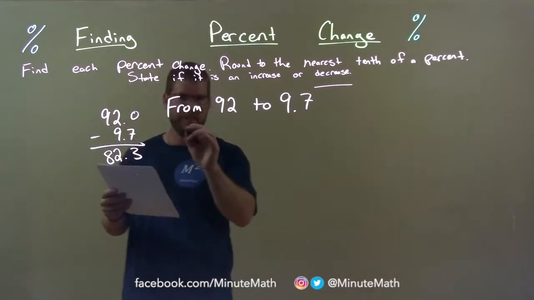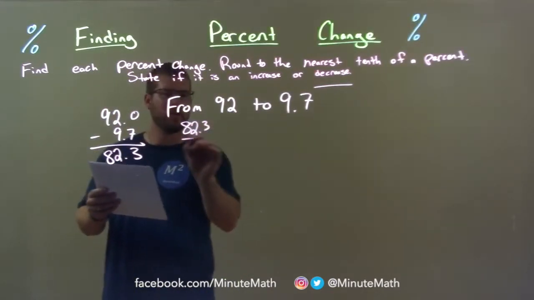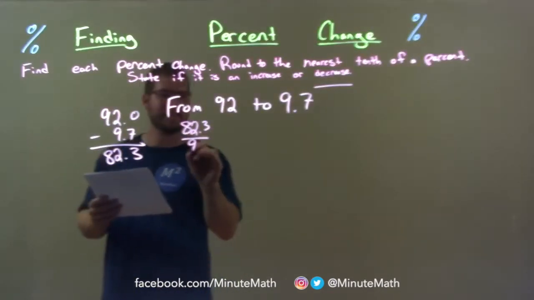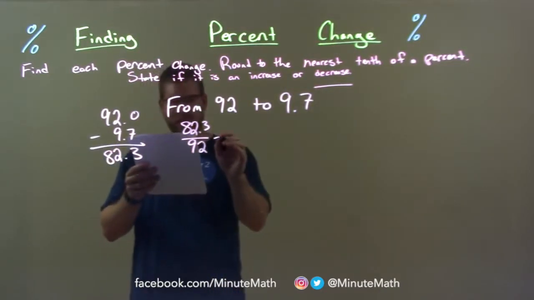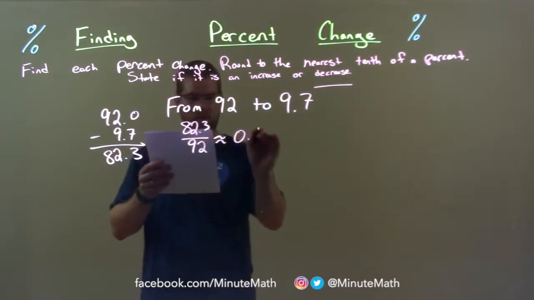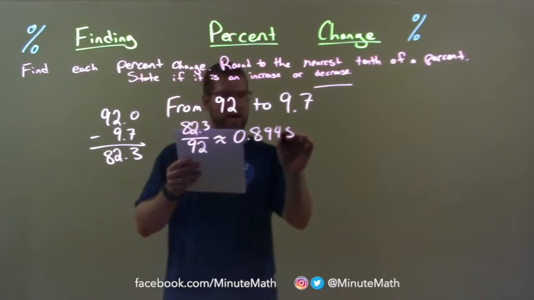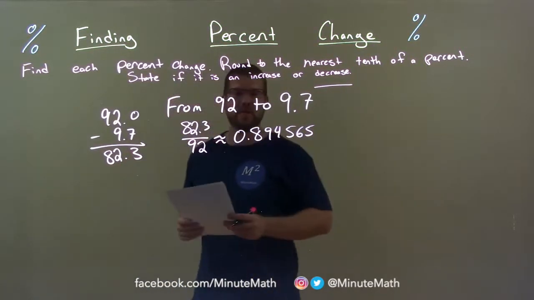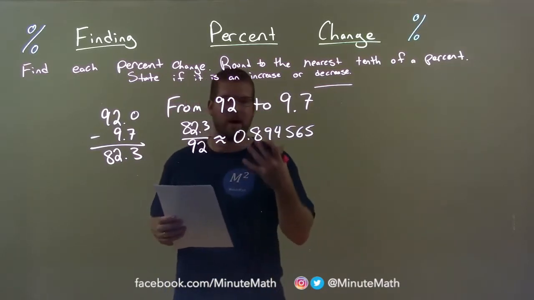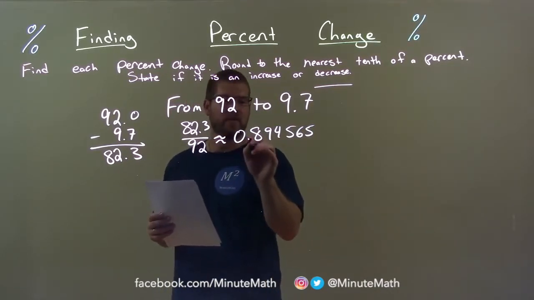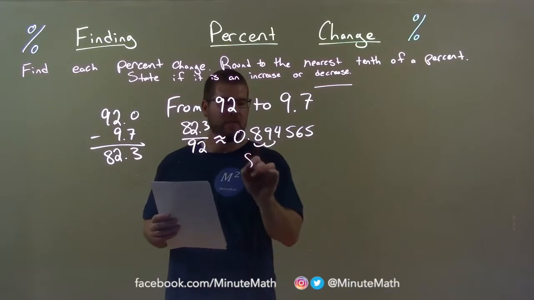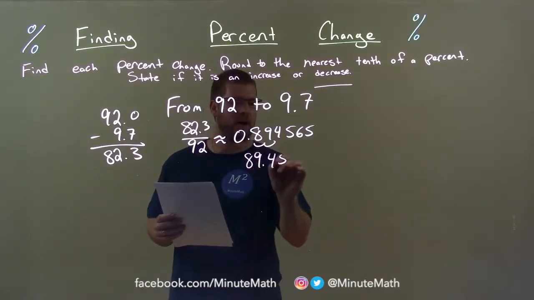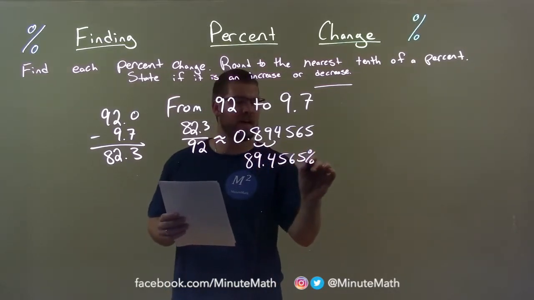All right, 82.3 divided by the first number, which is 92, which gives us an approximate answer of 0.894565. Now, we got to convert this to a percent here. 2 spots to the right, 1, 2, gives us 89.4565%.